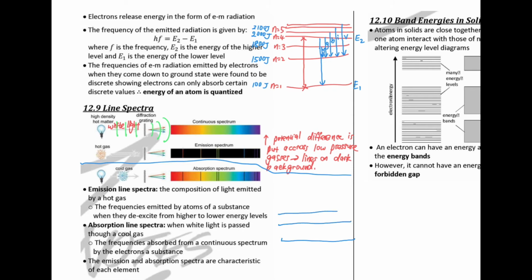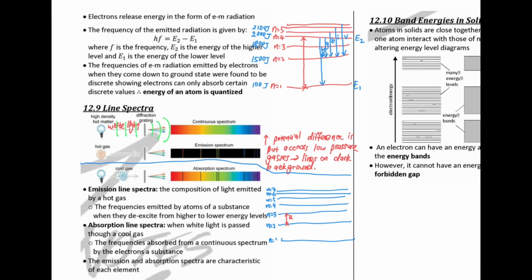This is n equal to 1, 2, 3, 4, 5, 6, 7, and so on. Let's say if the electrons stay at this energy level, and they absorb energy and come here, then they absorb away the red light from the continuous spectrum.